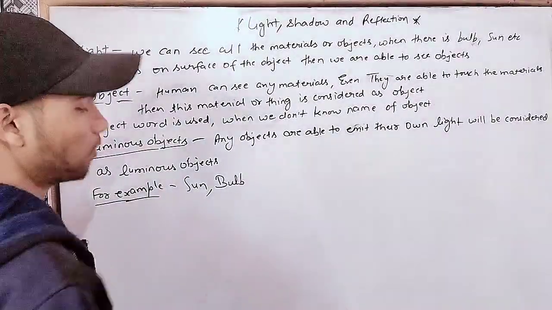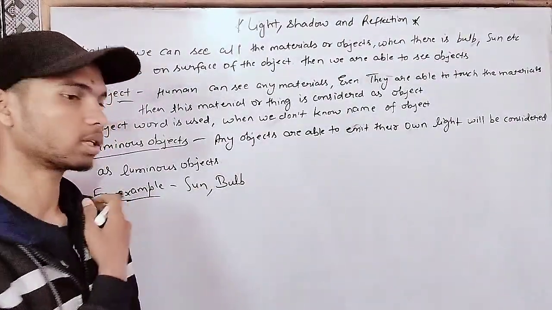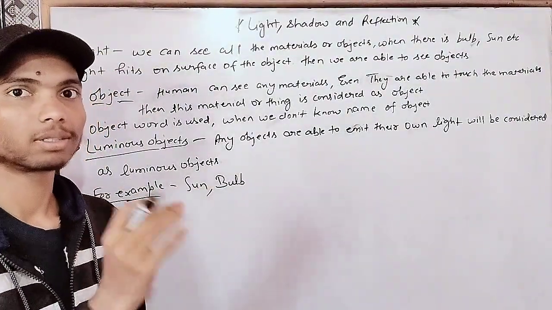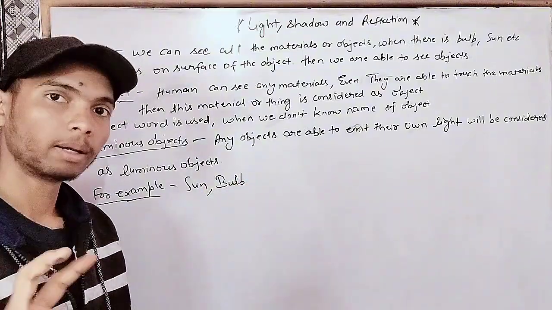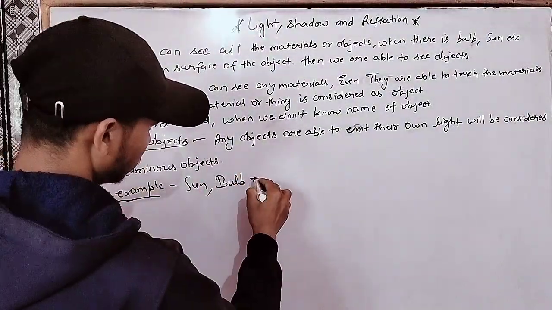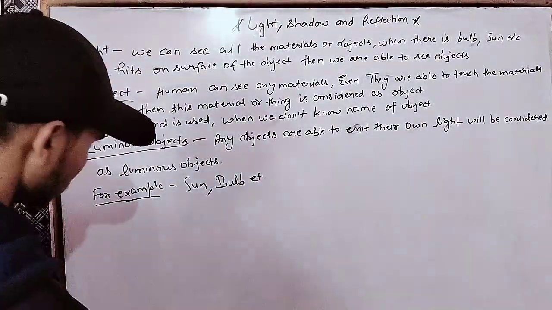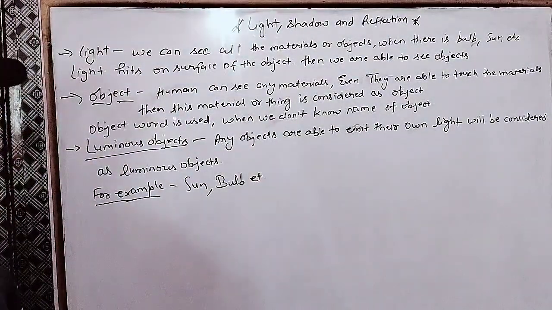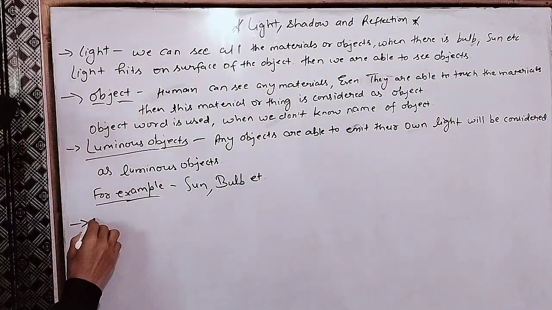Sun and bulb are examples of luminous objects. The sun emits its own light, and even a bulb can emit its own light. So on, we have more examples.